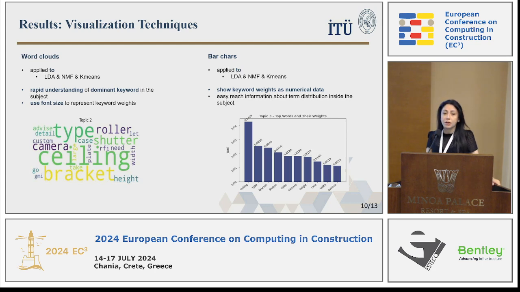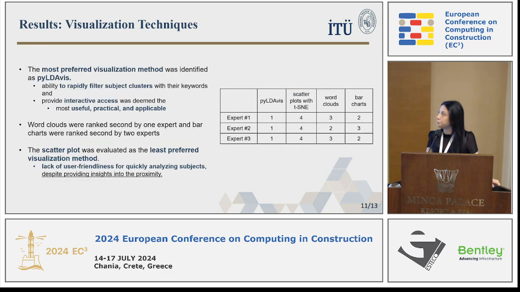Thirdly, word clouds were also applied for all the clustering algorithms, and enabled rapid understanding of the dominant keywords in the subject, using font size to represent the keyword weights. And finally, bar charts, which I believe almost everyone is aware of, were applied for all the clustering algorithms also.